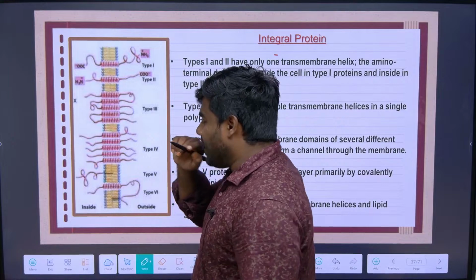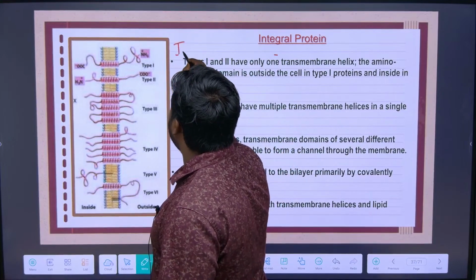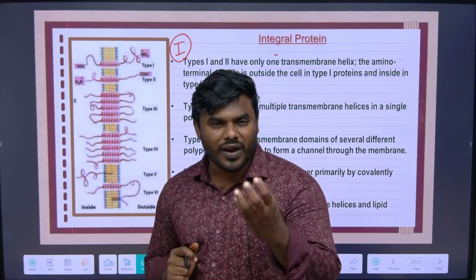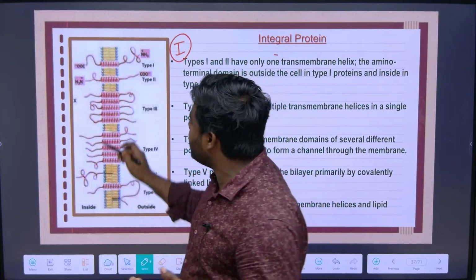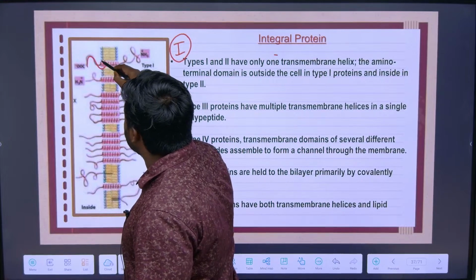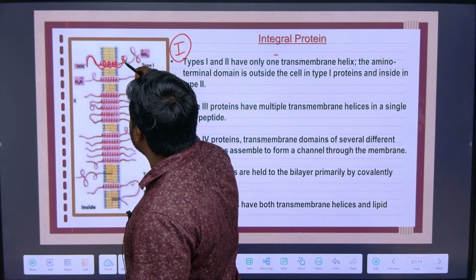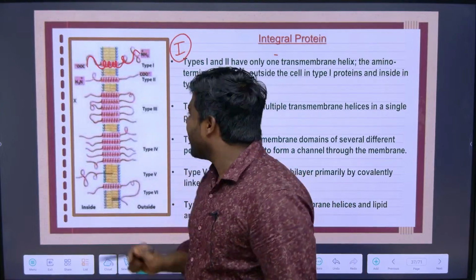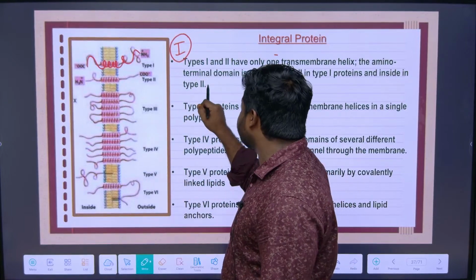Let's consider the type 1 integral protein. When we observe the type 1 integral membrane protein, can you see the picture, friends? It is transpanning the membrane only one time. Type 1 integral protein transpans the membrane one time. Can you see the interesting point here?